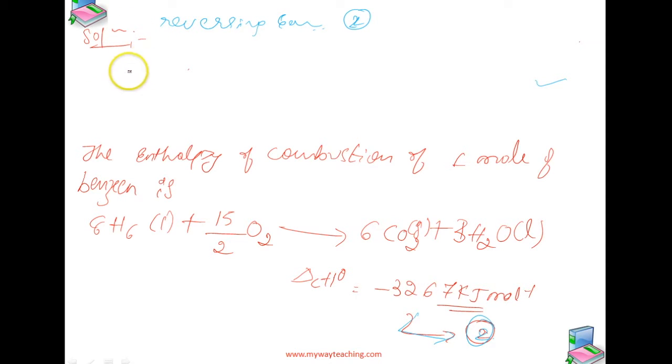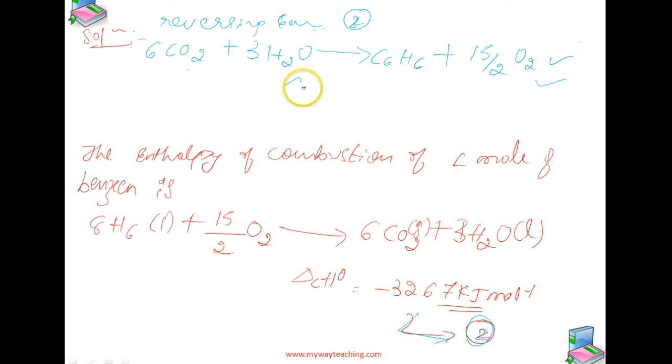6CO2 plus 3H2O gives C6H6 plus 15 by 2 oxygen, and its delta H standard was minus, so if you are reversing it, you are getting plus 3267 kilojoule per mole.